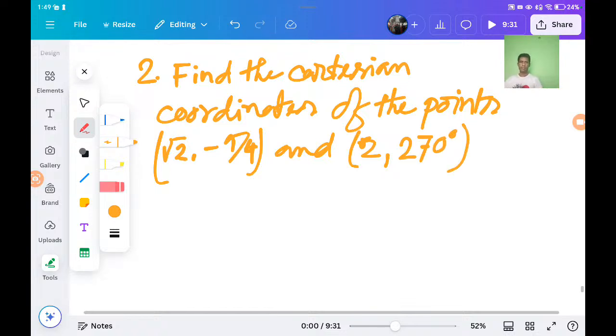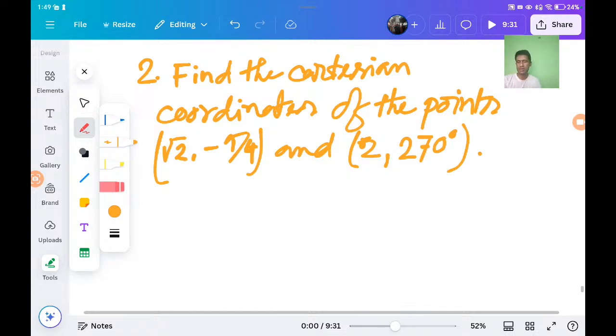So to do this math, we have to find out the Cartesian coordinates, that means coordinates for x, y. So this has been given as r, theta.